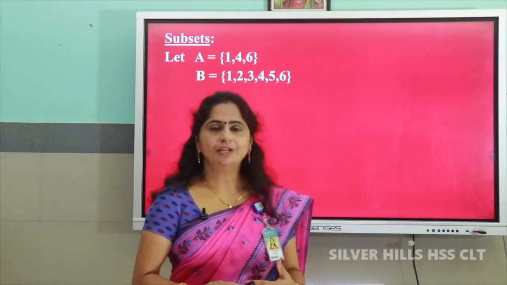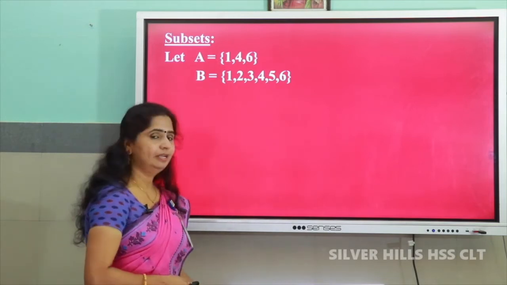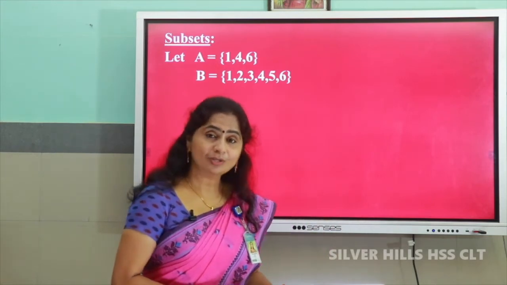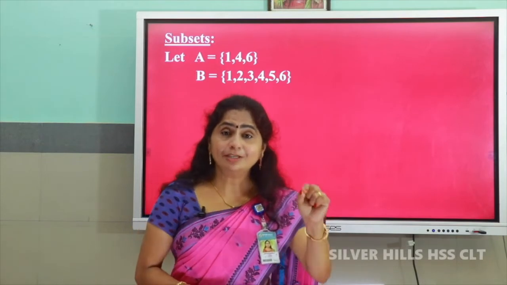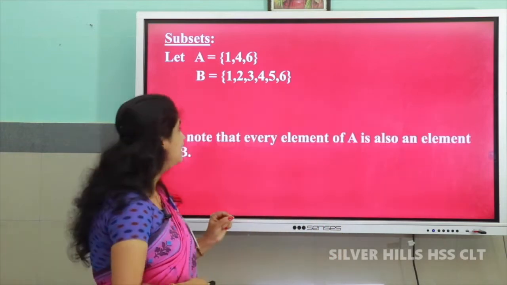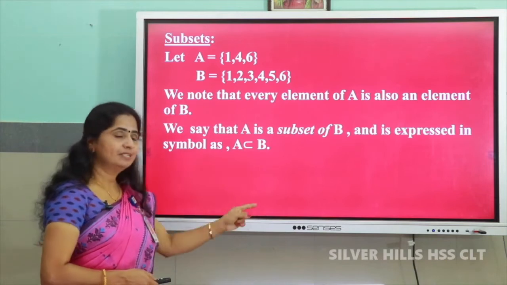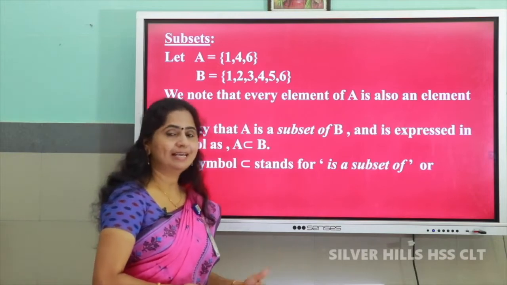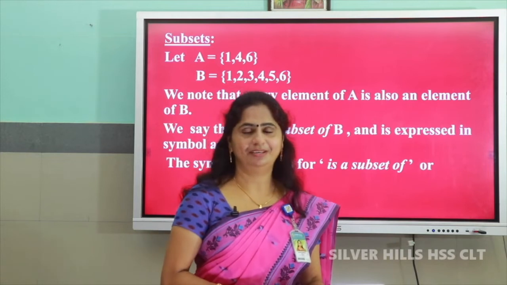So what do we see in those sets? 1 is in A, 1 is also in B, 4 is in A, 4 is also in B, 6 belongs to A, 6 also belongs to B, which means every element of set A also belongs to B. Therefore, we see that A is the subset of B and is expressed in this symbol. This symbol is read as A is a subset of B or A is contained in B.